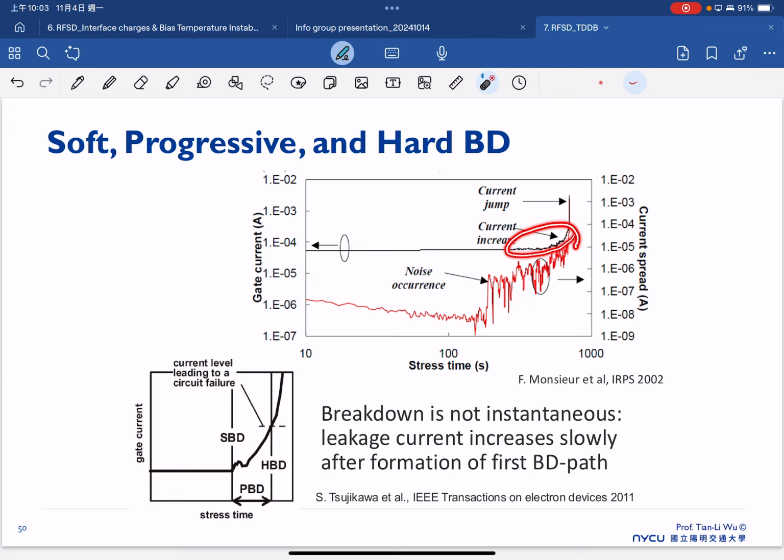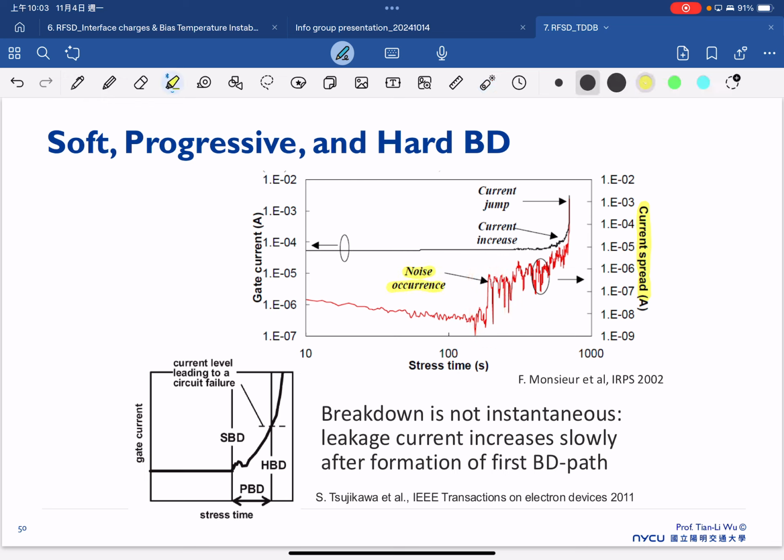Sometimes it's not easy if you plot this way, but if you plot it to calculate the current spread, we can see there's a moment where the noise of the current becomes large, as shown here.